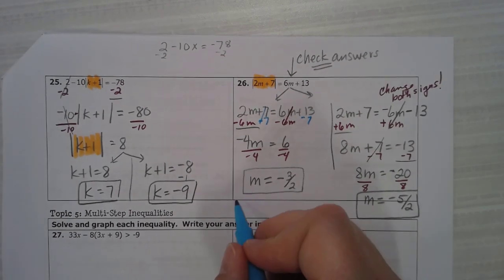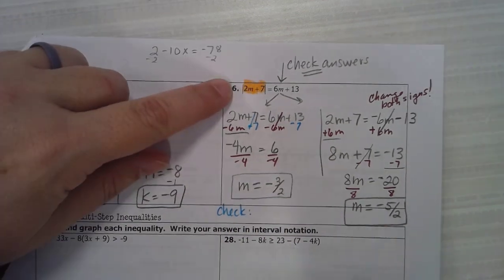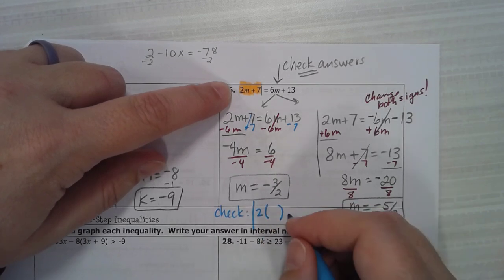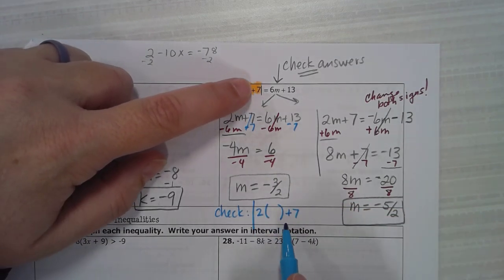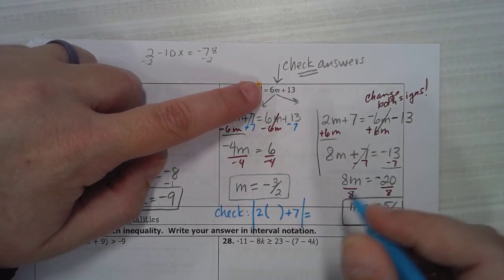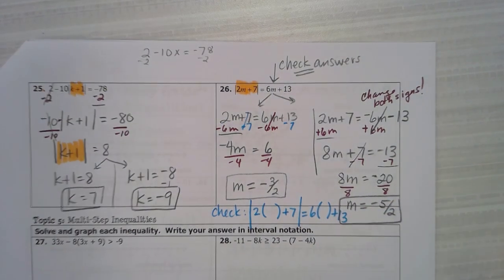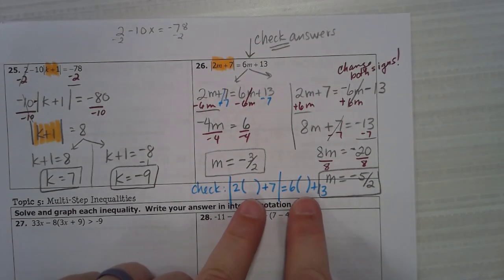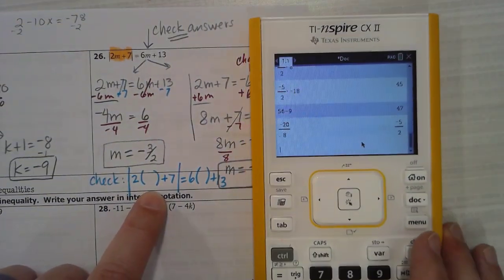Okay, so now we're going to check this. When I check my answer, we're going to take the original problem, and wherever there's a variable, I'm just going to put a parenthesis. So 2 times whatever m was, parenthesis there, plus 7, absolute value, 6, parenthesis, plus 13. Inside those parentheses, I'm going to put my first answer choice. So we're going to type it so it looks just like that.